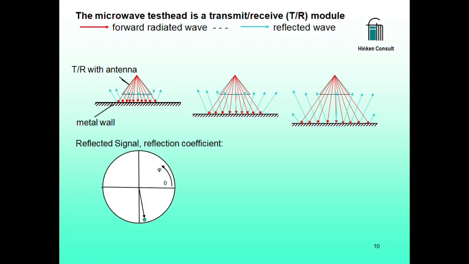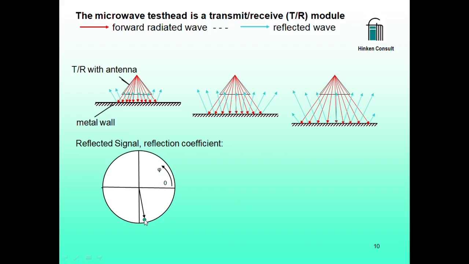That means we can have a representation as it is here. This dot which we have here represents the signal in the first situation.